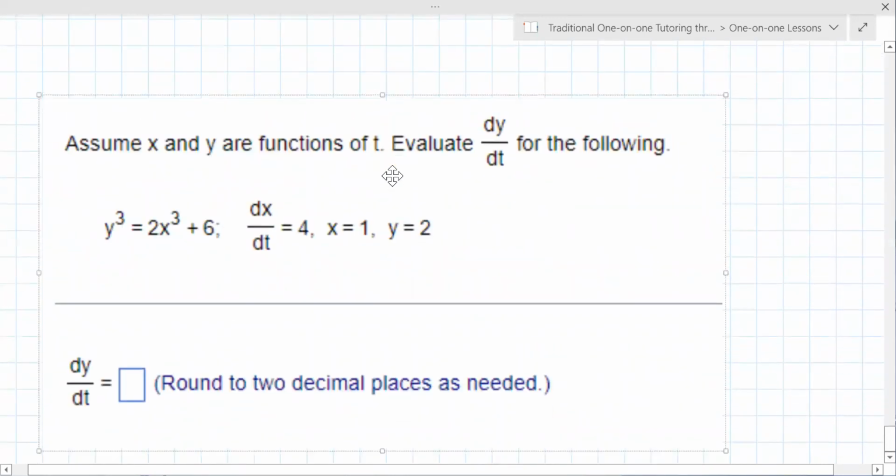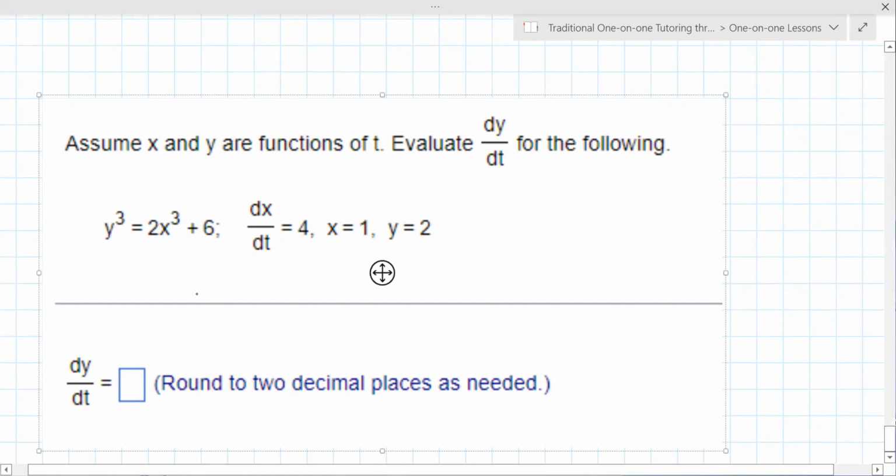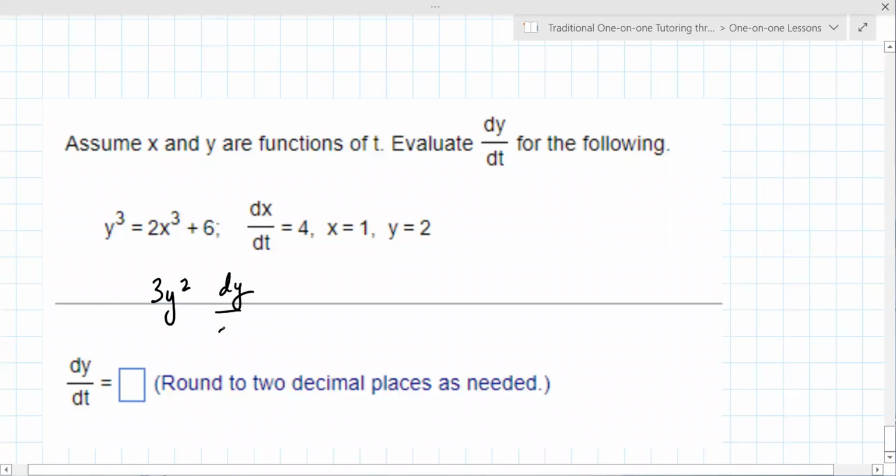All right. So assume x and y are functions of t, evaluate dy/dt for the following. This one appears bad, but it's actually way better than the first one. You just take your derivative like we've always done. So y cubed becomes 3y squared, but you add dy/dt. Same thing with x, it's going to be 6x squared dx/dt.